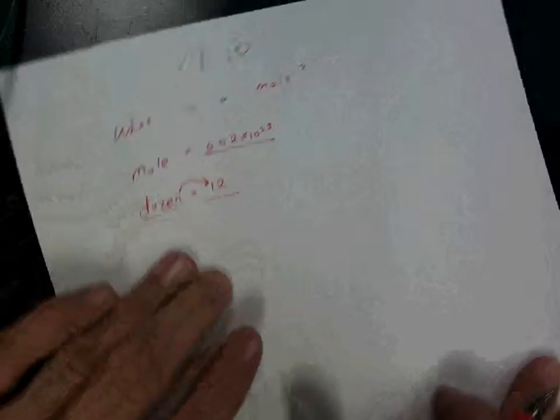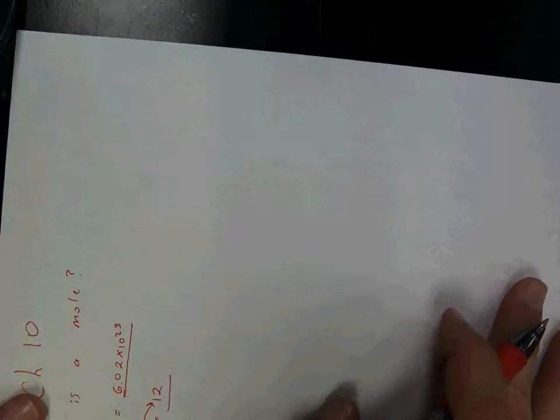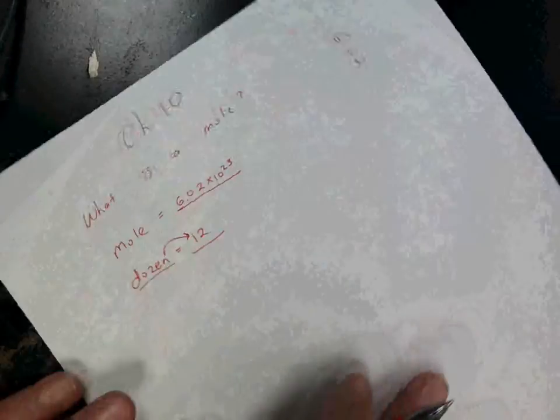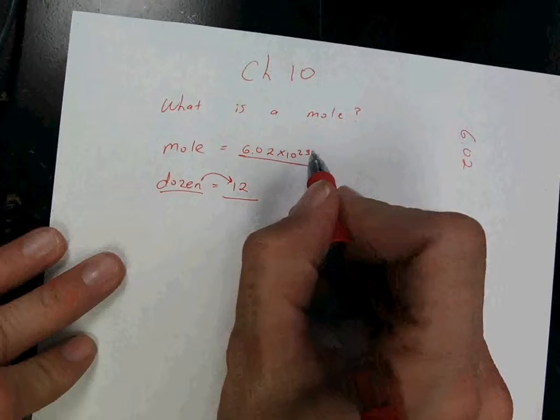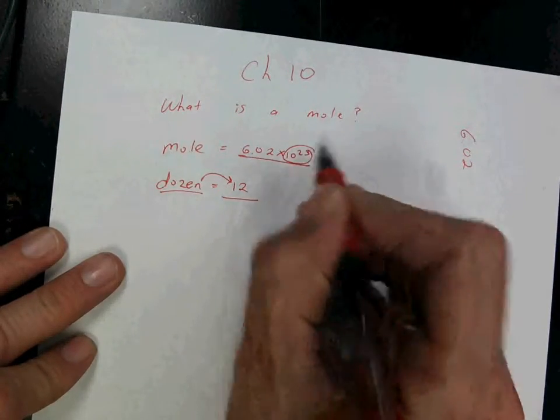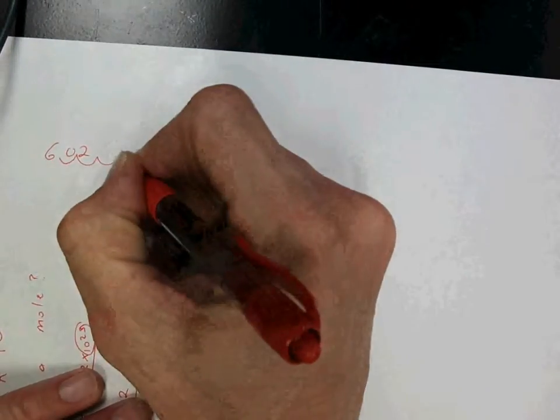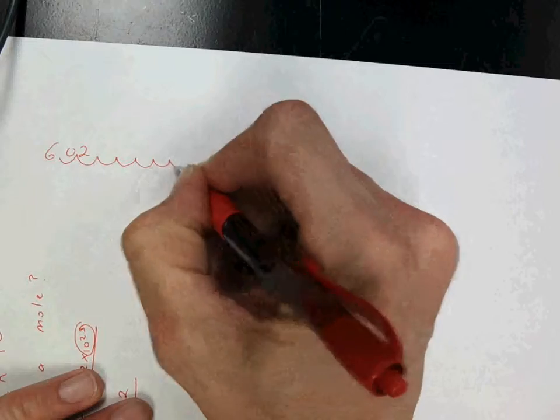As a matter of fact, if you look at that number in another context, you can think about it like this. 6.02, now we said it was times 10 to the what? 23rd power. So what if we did this? 6.02, 1, 2, 3, 4, 5, 6.